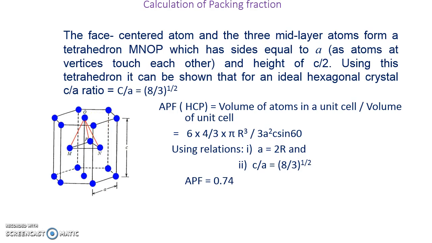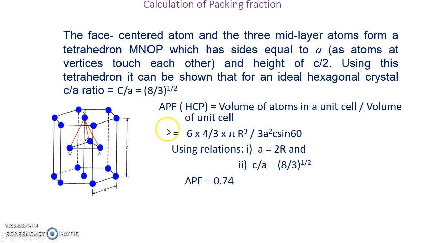So the base centered atom and the 3 mid layer atoms form a tetrahedron MNOP, which has sides equal to A, and height of this tetrahedron is C by 2, that means height divided by 2. Using this tetrahedron, it can be shown that for an ideal hexagonal crystal, the C by A ratio is equal to under root 8 by 3.